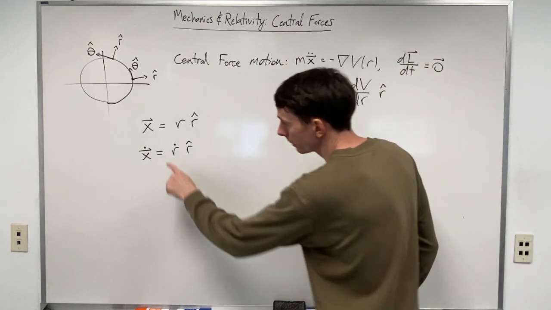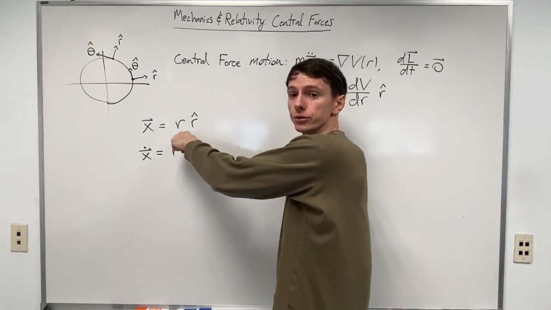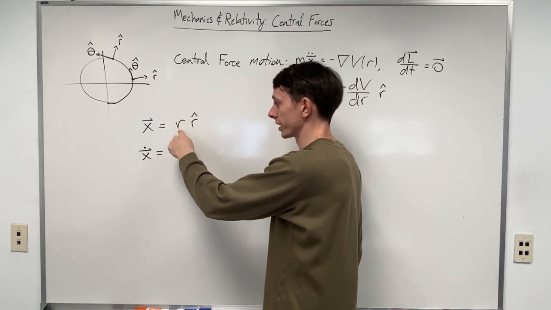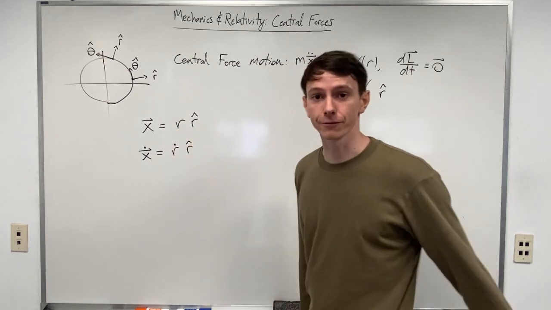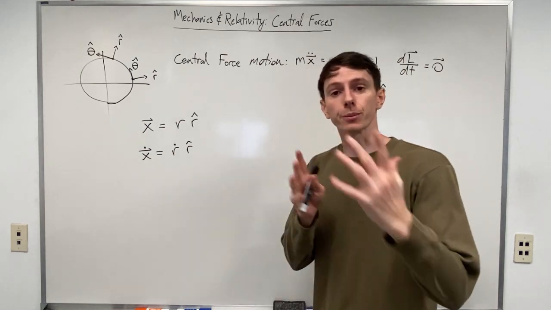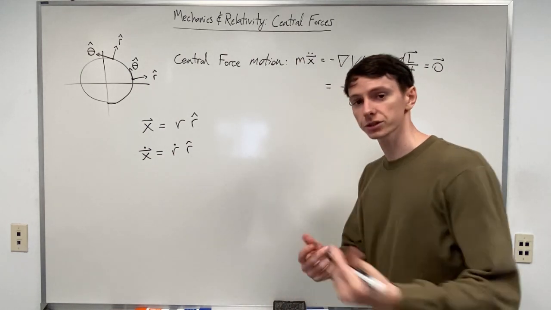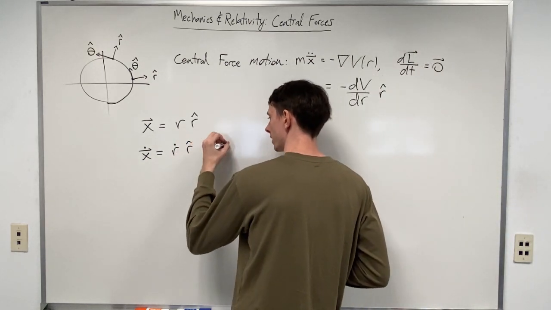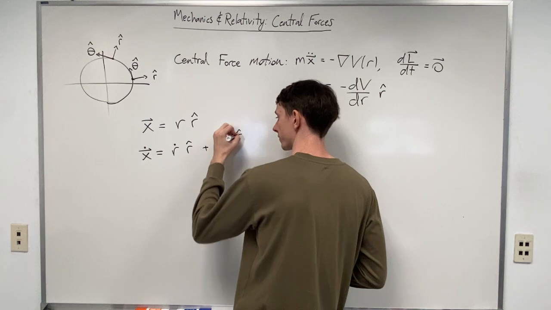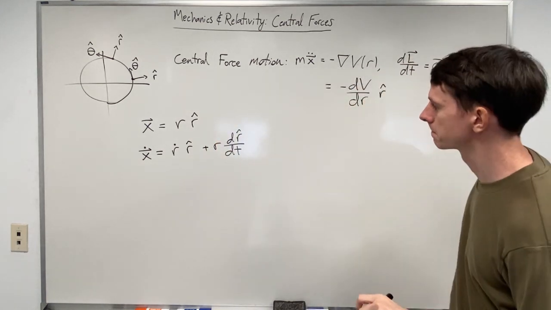So when we take the time derivative of this expression right here, not only does the magnitude of this vector change, which is what we accounted for, but also the direction itself changes. So this is really a product rule, and this is just the first term within the product rule. So let's compute the second. The second term in the product rule gives us r times the derivative of the r hat basis vector, right?